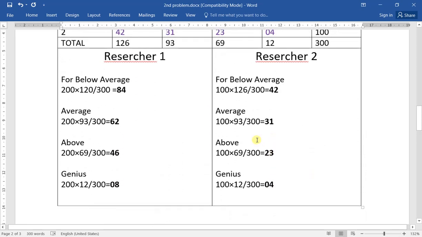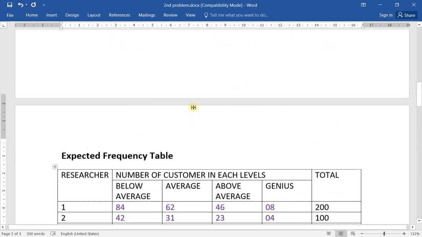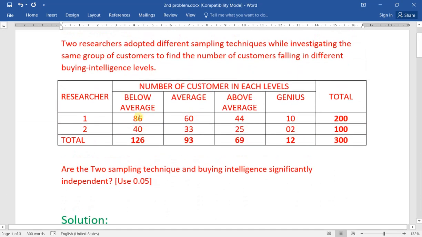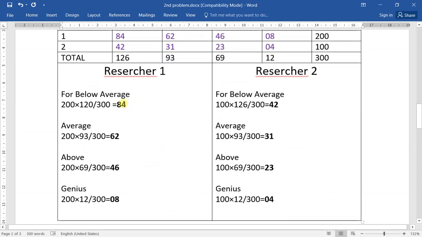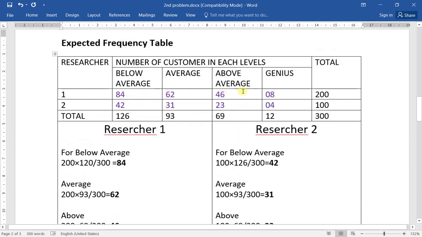The thing is, you might get confused: if you take the values row-wise first, you have to take the row-wise values here also. Here it is not a big problem because you have 2 rows and 4 columns, so it is easy to differentiate.